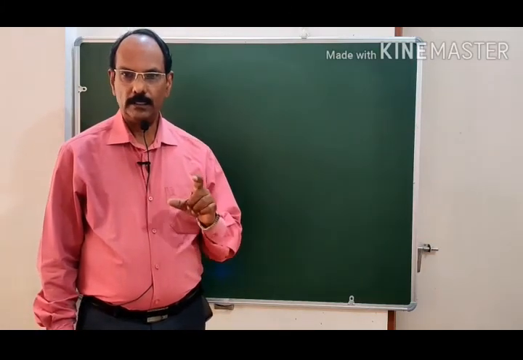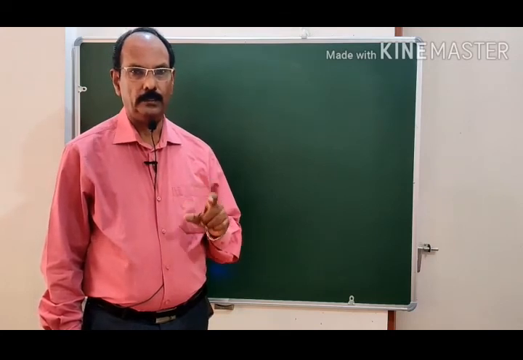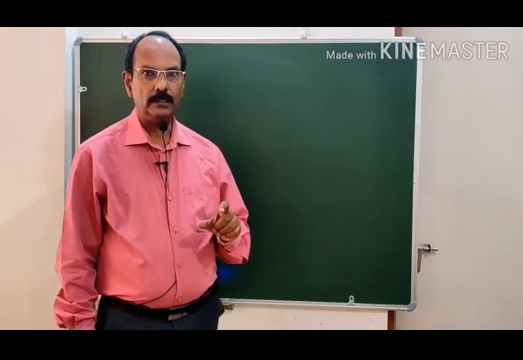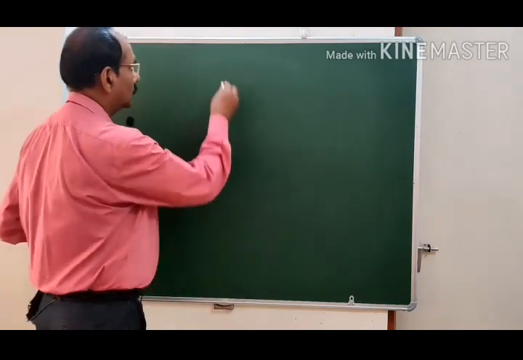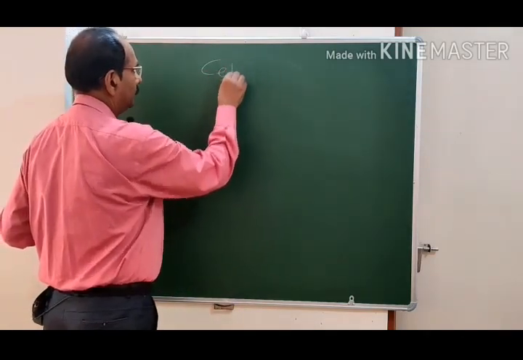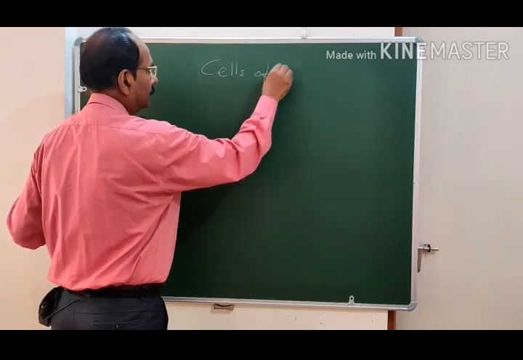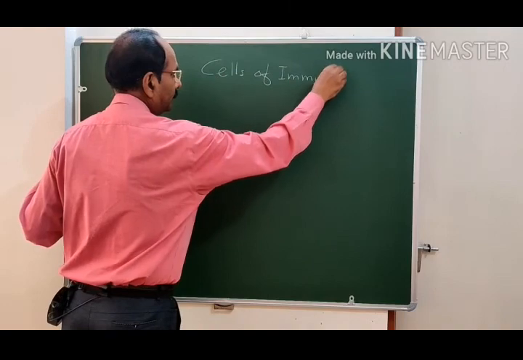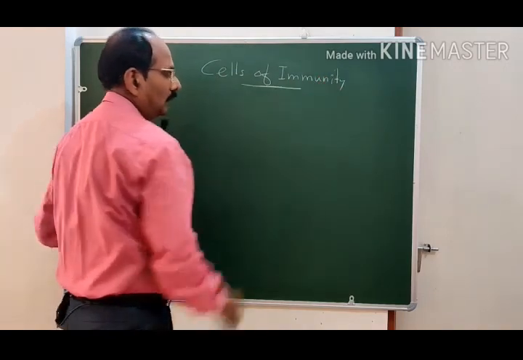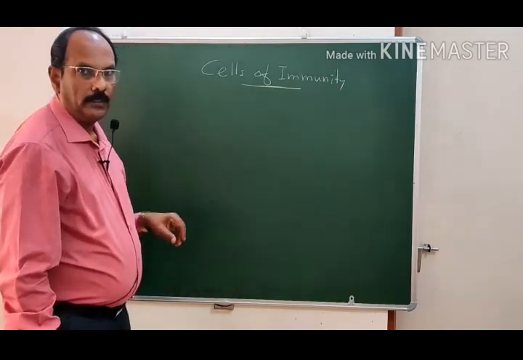So what are the different types of cells involved in this immunity? Today we are going to study the cells of immunity. There are two types of cells involved in immunity.